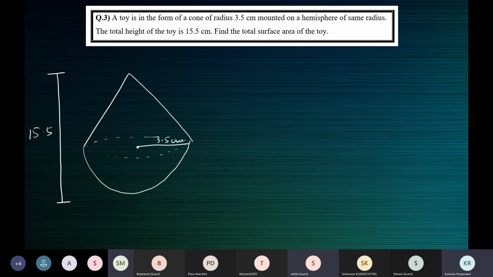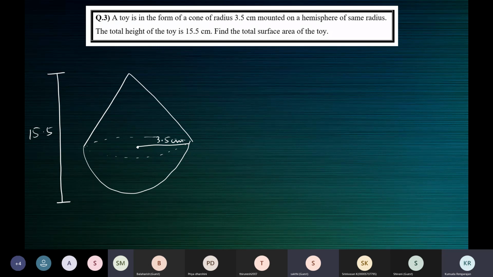The total height is the height of the cone and the height of the hemisphere, correct? So from the total height 15.5, if you take away the hemispherical height 3.5, you will get the conical height, 12 centimeters.